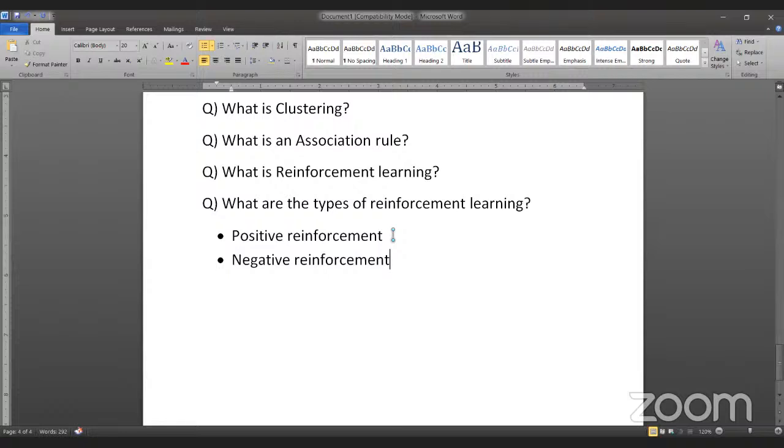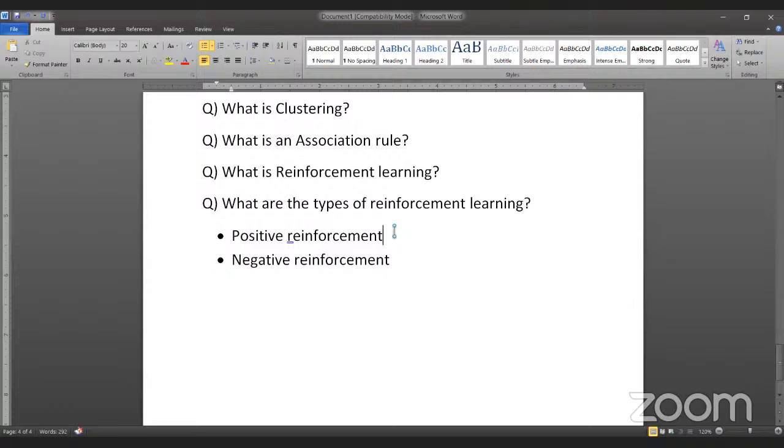In positive reinforcement learning, we have the learning agent, and it gets rewarded every time it performs a successful action. What we want it to perform, when it does so successfully, we give it a reward. So it is a positive reinforcement in which we give a reward. In negative reinforcement, the learning agent, if it does something wrong or takes a step we don't want, we penalize it.